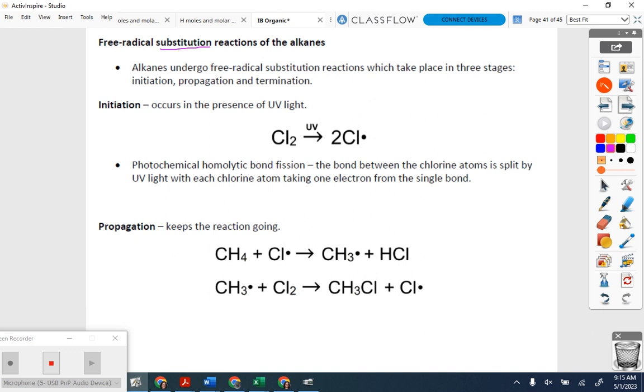So the way that works is by first the creation of a free radical, which is going to be homolytic fission, right? Homolytic bond breaking. And this generally needs some kind of energy input, which in the case that you're required to know is UV light.